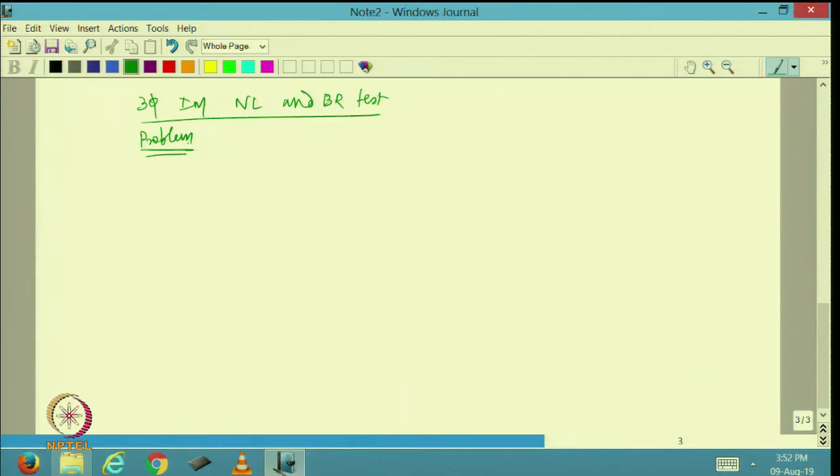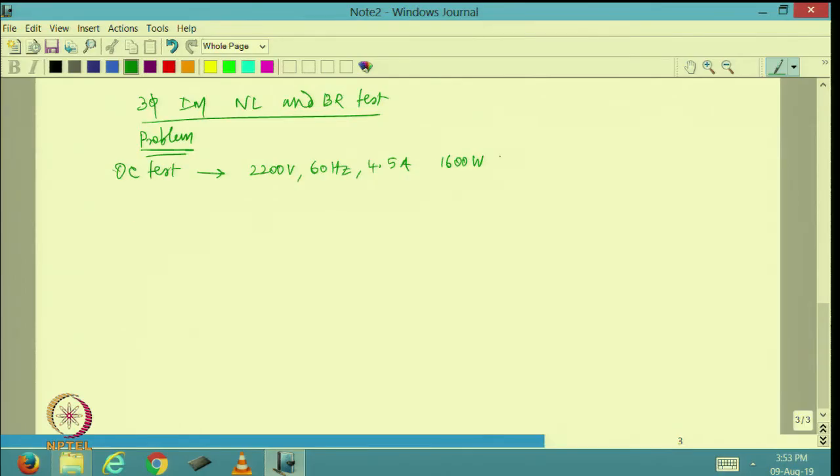For the open circuit test for a 3-phase induction motor, the readings are somewhat like this. It is 2200 volts, 60 hertz, 4.5 ampere, and I am essentially getting a wattage reading of 1600 watts.